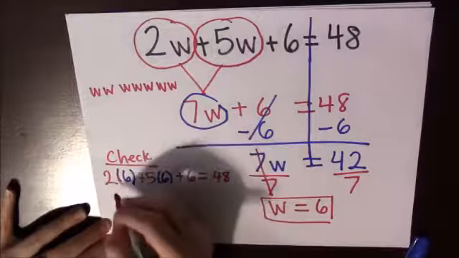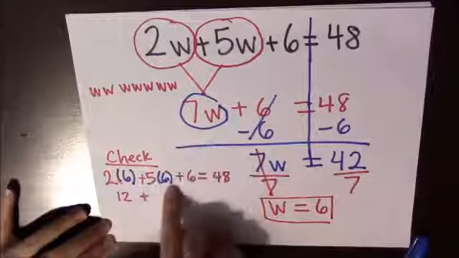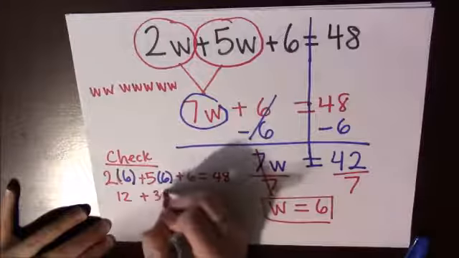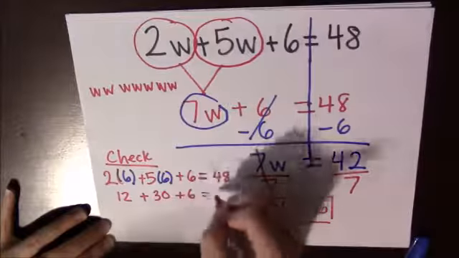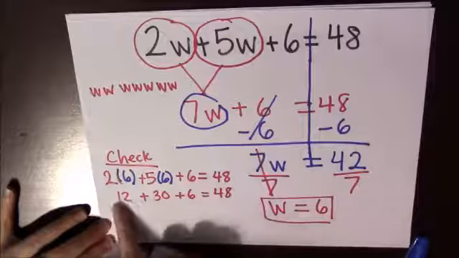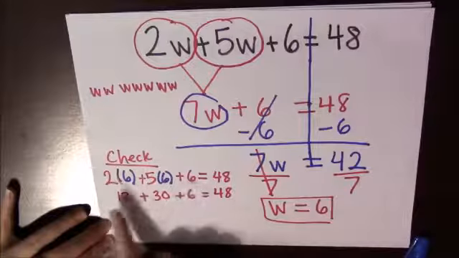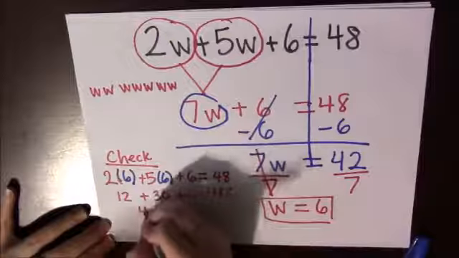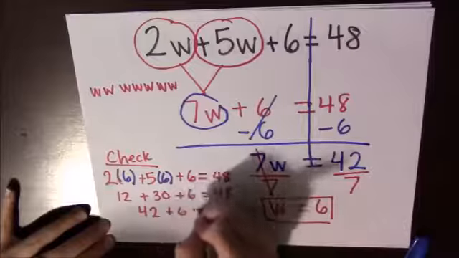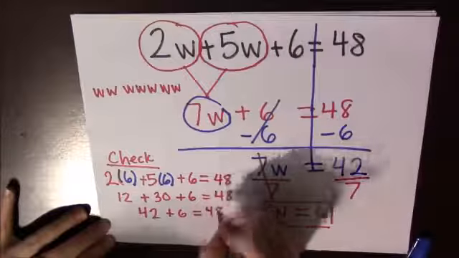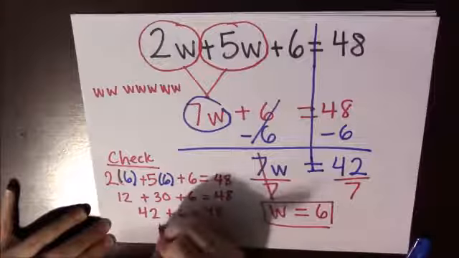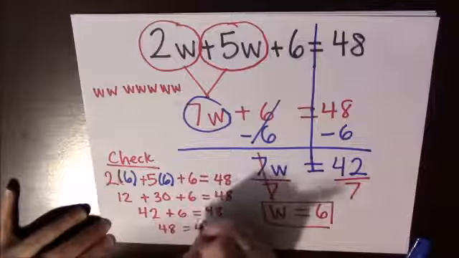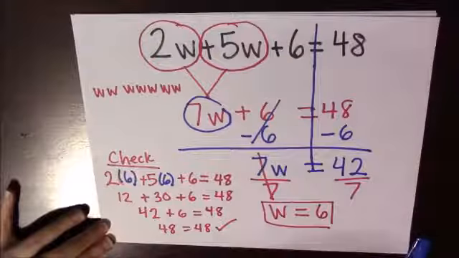So 2 times 6 is 12, plus 5 times 6 is 30, plus 6 equals 48. Again, we move from left to right. So 12 plus 30 is 42, plus 6 equals 48. 42 plus 6 is 48, equals 48. So check, it works out.